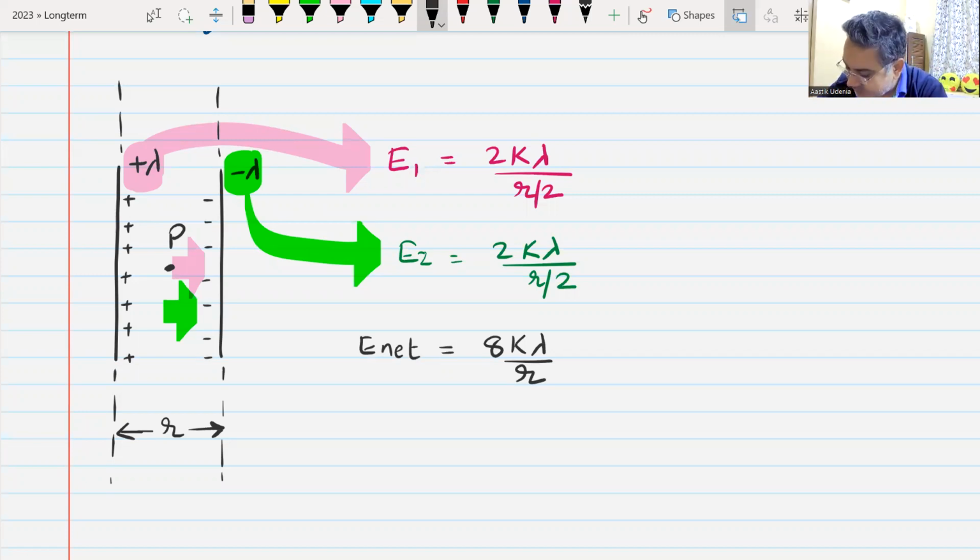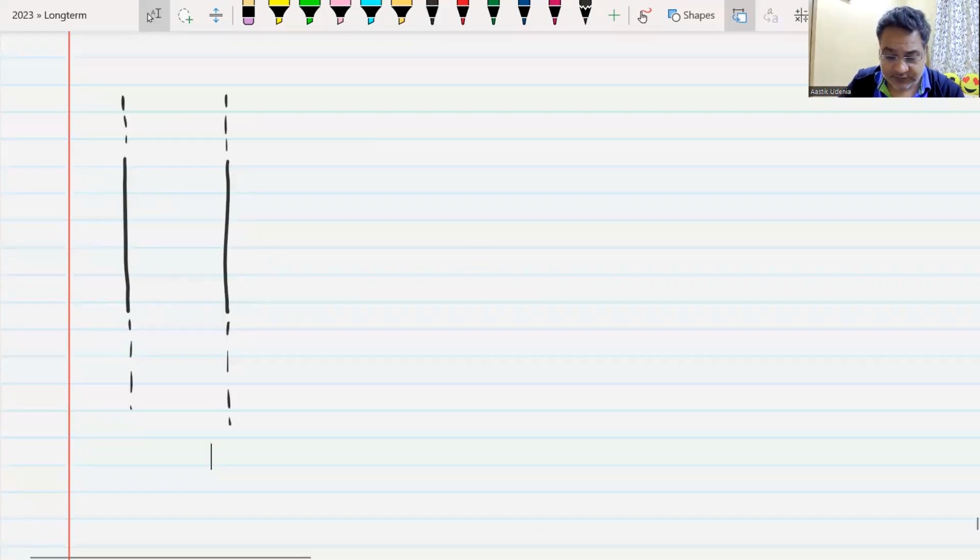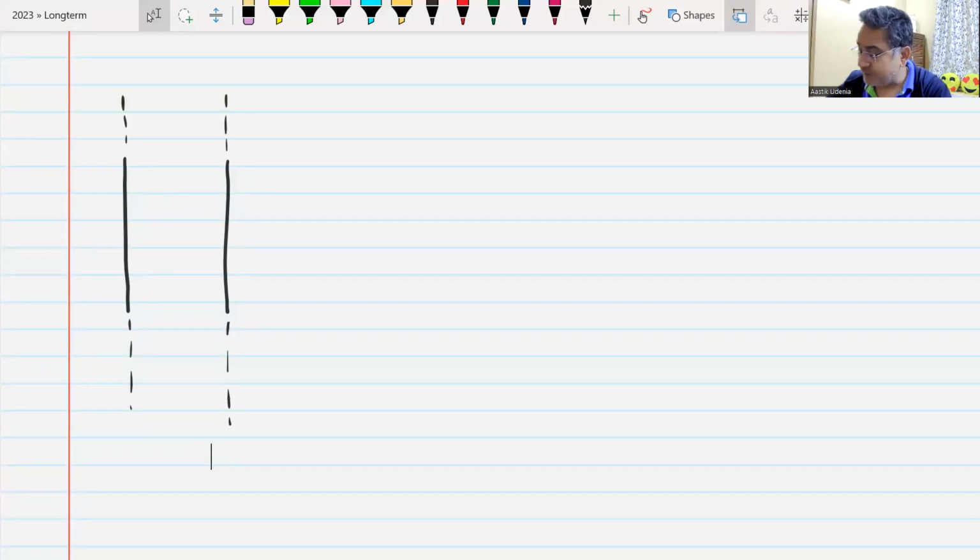Now, diagrammatically, they might look similar, but you have to understand what is the difference between them. And the question comes now. Again, these are two infinite, but these are not two infinite wires. These are two infinite sheets having charge density plus sigma and minus sigma.